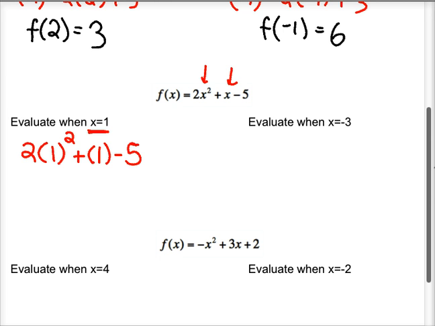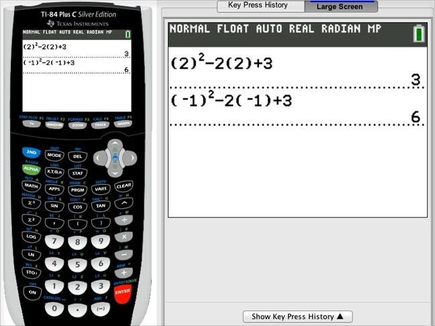So let's type that one in to make sure that we're doing it right. So this time that 2 goes outside, any coefficient goes outside my parenthesis. The only thing inside my parenthesis is what number I'm plugging in, then plus 1 minus 5. Oh, I apologize. My calculator did something weird there.